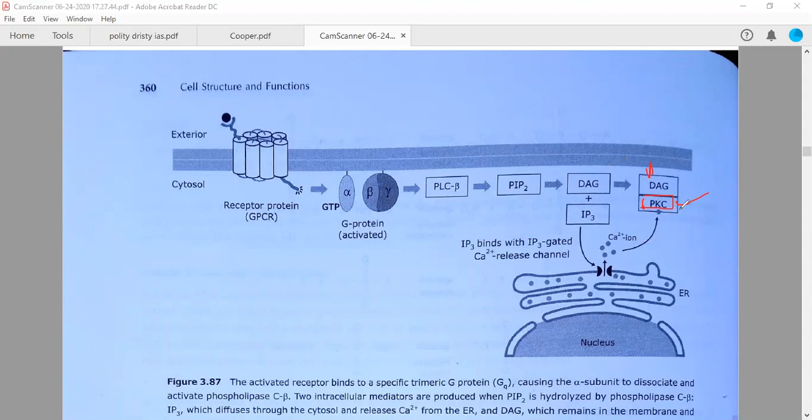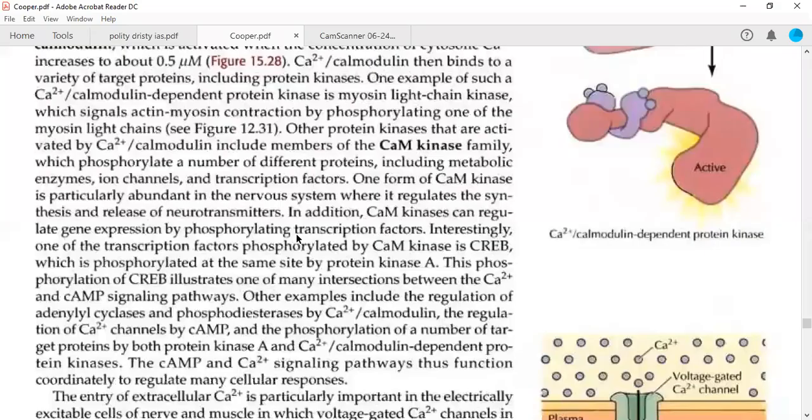Then this protein kinase C is a serine threonine kinase again, and it will be able to recruit or activate many of the proteins in the cytosol, which are their target proteins or effector proteins. So this particular term you also need to remember. These effector proteins are some downstream proteins which will be activated in response to that particular kinase, for example, here protein kinase C.